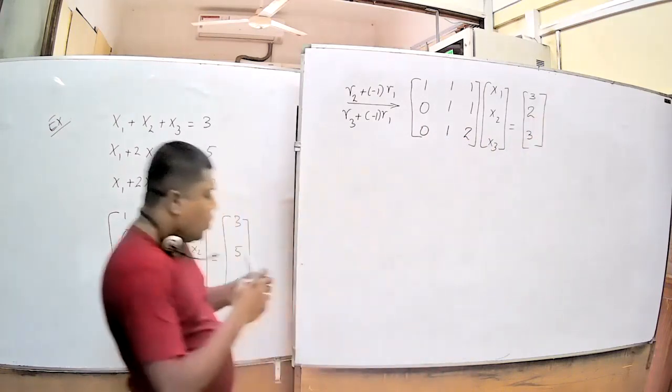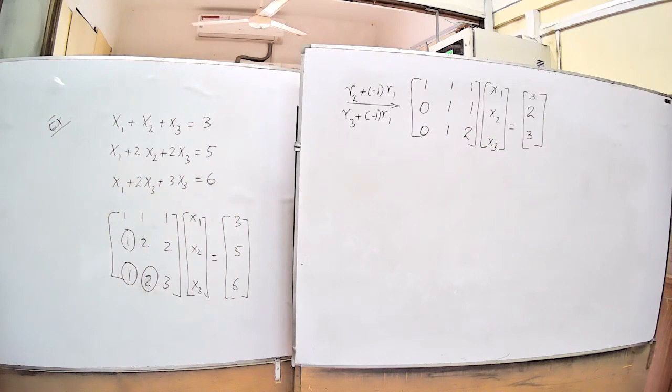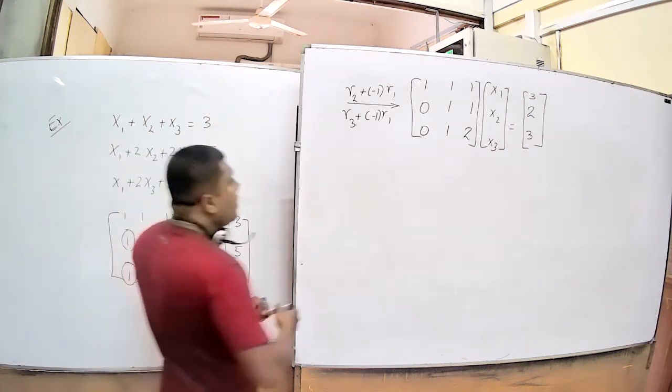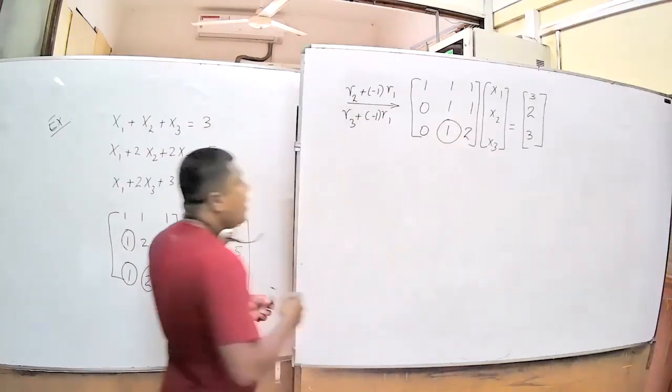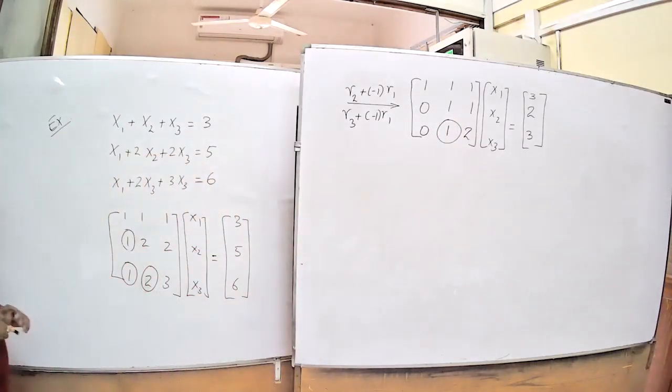Once you do these row operations, you can see that on the first column of the coefficient matrix, you have 0 below the diagonal. So the first column is fine. You have converted everything below the diagonal to be 0. Now you want to get this to be 0. This one has to be converted to 0.